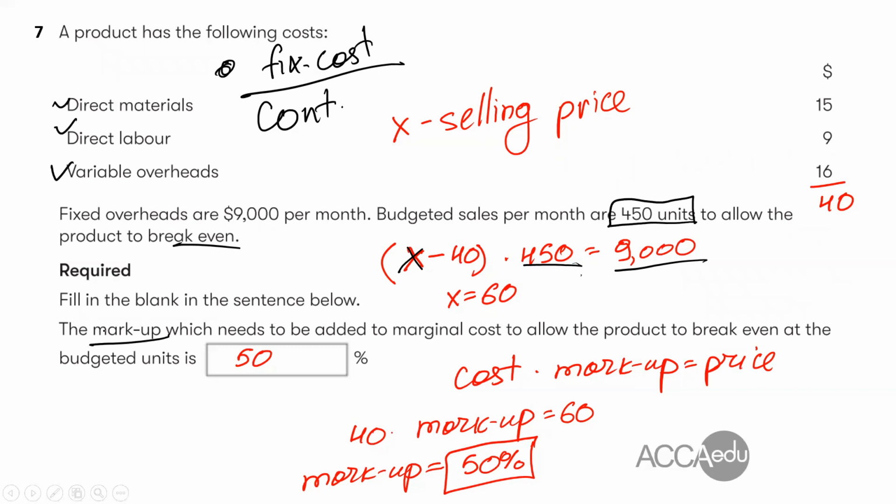Markup and margin are 2 different things, which usually confuse the candidates. Markup is on the cost. So our variable cost is 40. So we apply markup here. It should equal selling price. So 60 is 50% greater than 40. So 50% greater than the cost, then our markup is 50%.